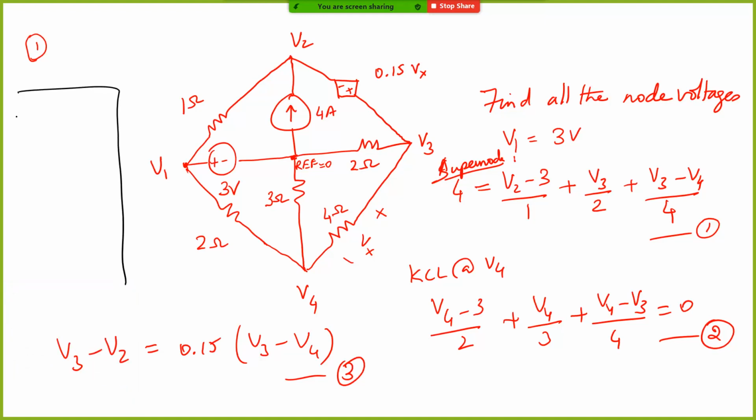So has anyone got the answer? What is V1? Of course, it is 3 volt. V2, V3, and V4.